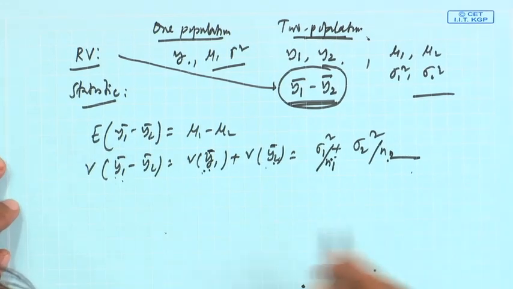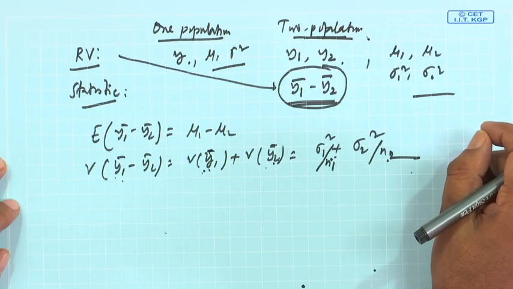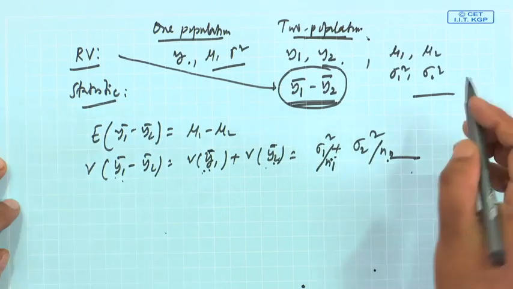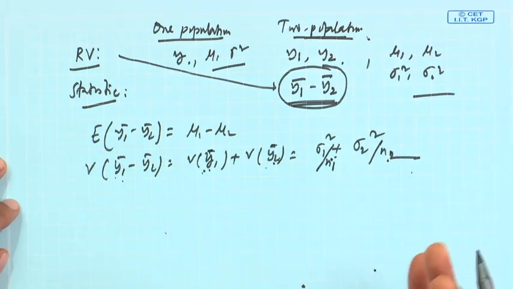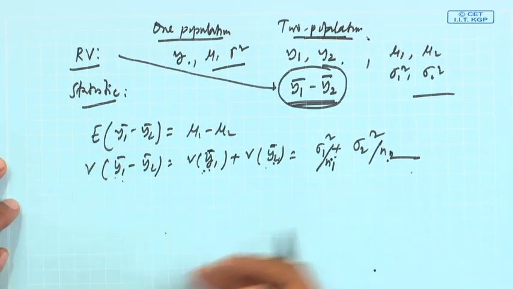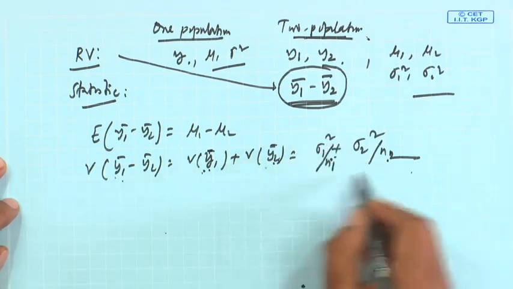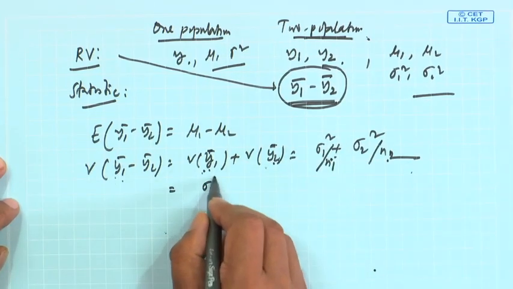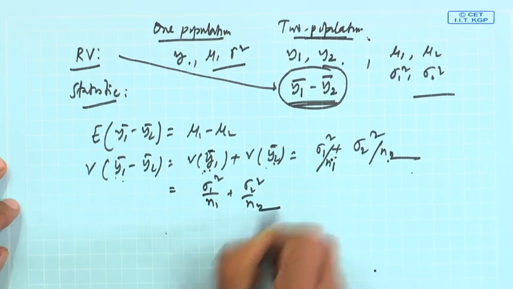Because I told you in the last class that if y is normally distributed with mu and sigma square, and y's variability is sigma square, then y bar's variability will be sigma square by n. So, this is sigma 1 square by n1 plus sigma 2 square by n2.